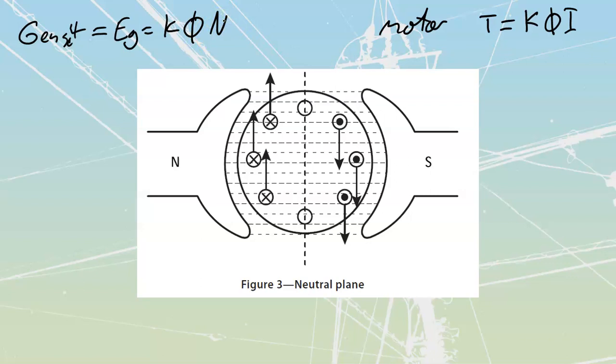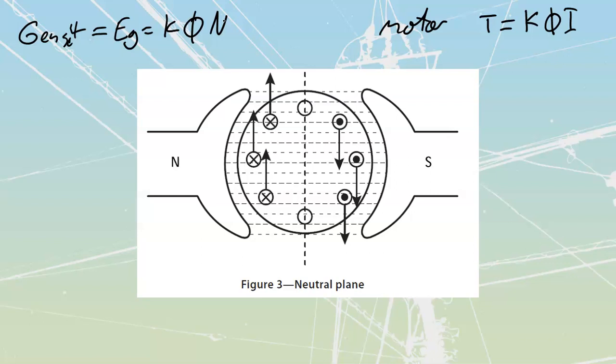K is going to be my constant for the actual machine itself. It is how this thing has been built, the amount of air gap, the types of windings, lap, wave, the resistances of the wires, all of that stuff gets combined together in the form of a value that's called K. We don't have to calculate K, we just have to know that K exists.